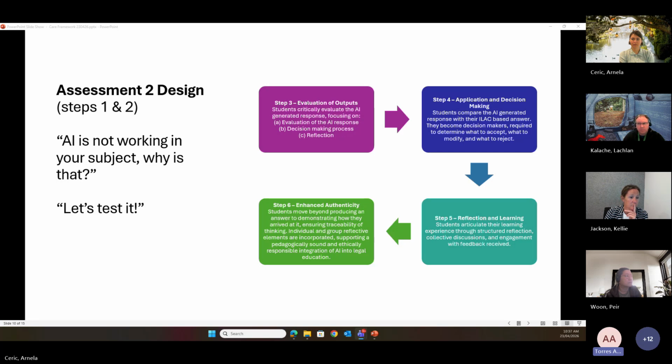So I wanted it to be valid, authentic. I wanted it to be aligned with the subject learning outcome, with the resources that we have produced, properly scaffolded, and also that help students to achieve the learning outcomes that we want of our graduates.